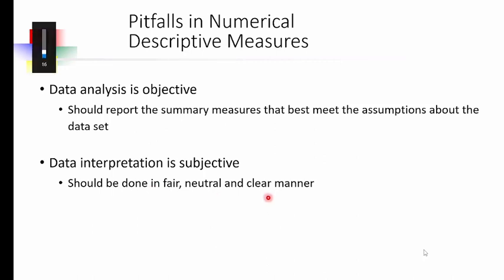Otherwise, there is no use of using the statistical techniques to make decisions, because decisions are very important. So mainly your data should be appropriate, right? You have to collect the real data. Then using your real data, what are the summary measures you are getting? You have to report those summary measures and then write your decision by referencing or citing your summary measures.